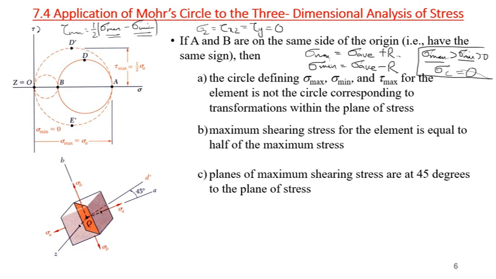So the maximum shearing stress of the element equals half of the maximum stress, because the minimum is 0 in this case. The shearing stress acts on planes at 45 degrees, and this is known as out-of-plane shear stress. Means if I again draw the element, just to clarify, this is my A principal axis, this is my B principal axis, and this will be my Z principal axis, because we are rotating about Z. It's a case of plane stress.